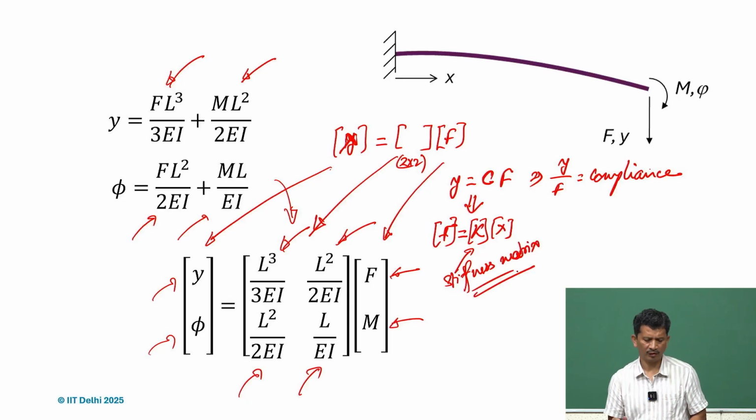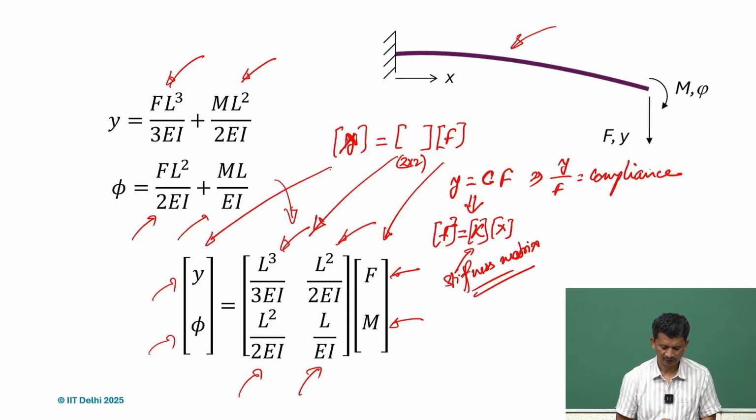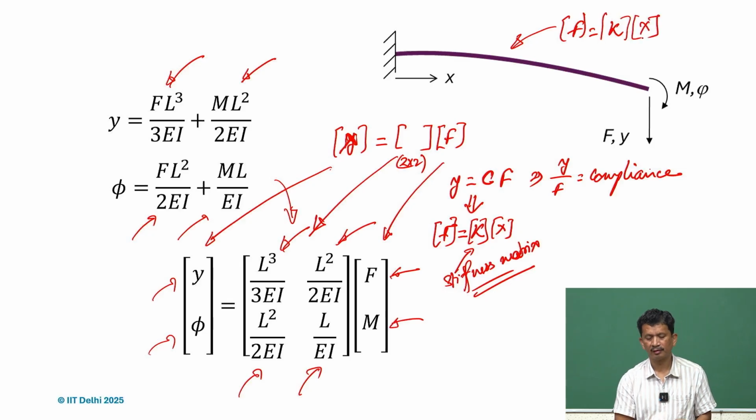So for a simple cantilever beam, we can write F equal to Kx, where K is the stiffness matrix.